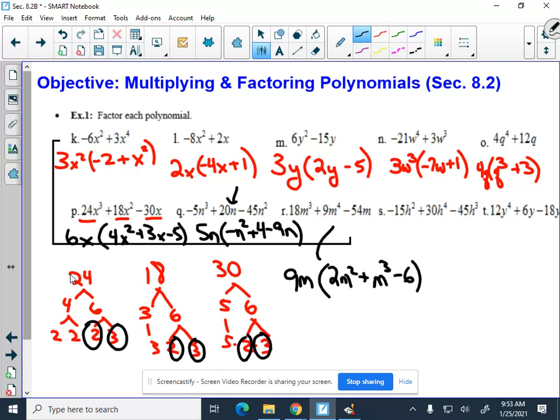All right, S. Try it all on your own. See if you can bring out a number that goes into both of those and as many variables as you can.